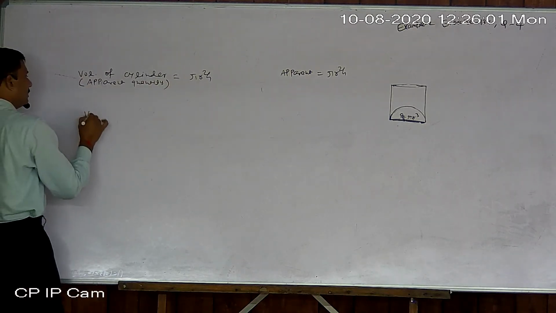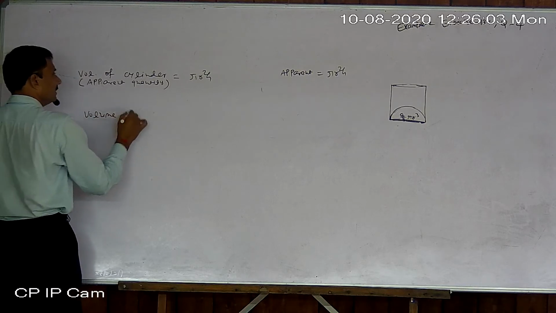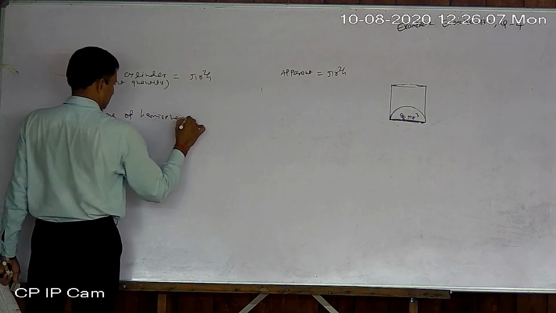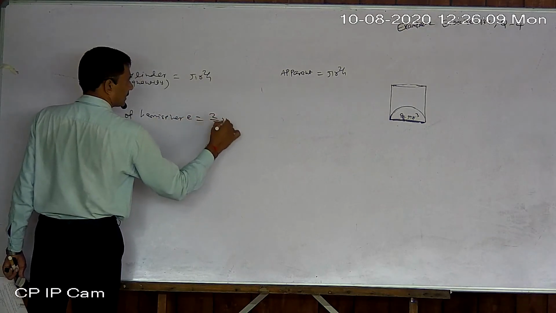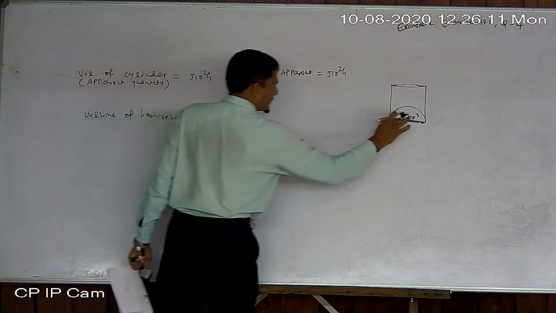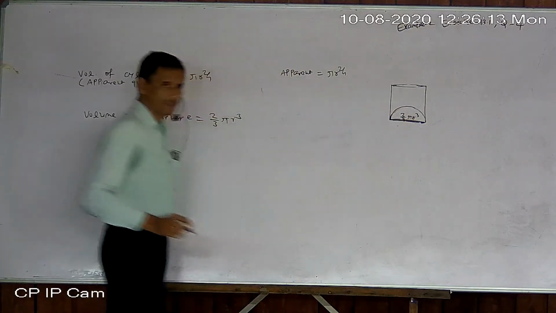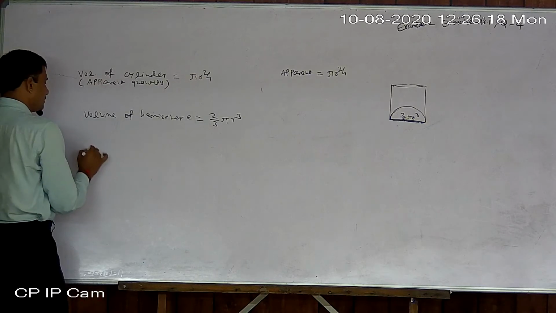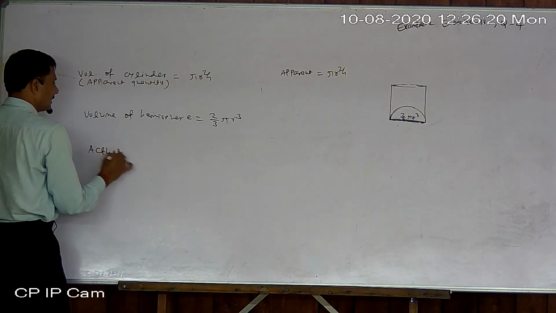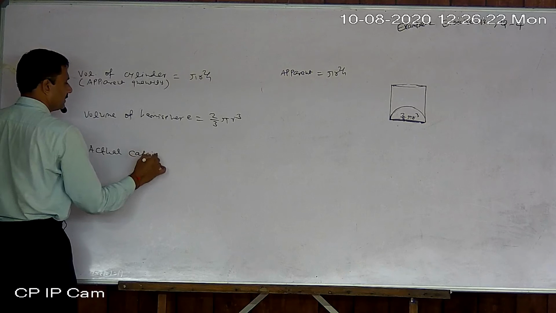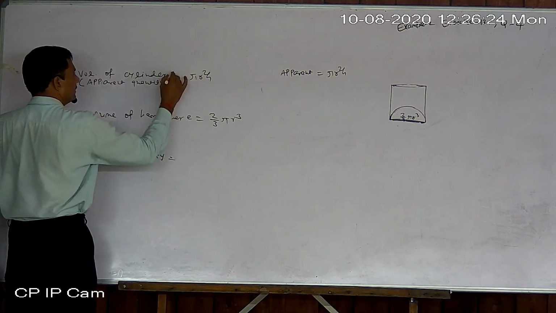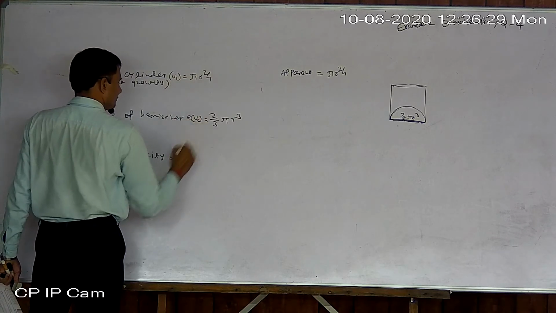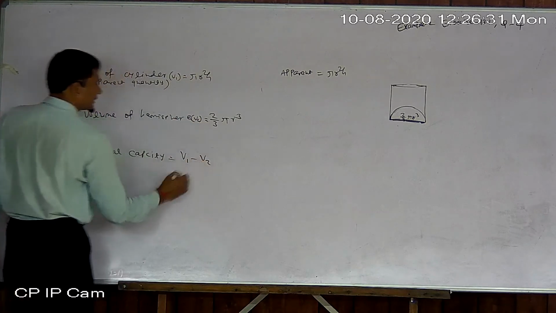Now find the volume of the hemisphere. It will be 2 by 3 pi r cube. Sorry, I have written here 4 by 3, but actually it is 2 by 3. Okay. Now what will be the actual capacity? The actual capacity will be V1 minus V2. Why V1 minus V2? Just look there.